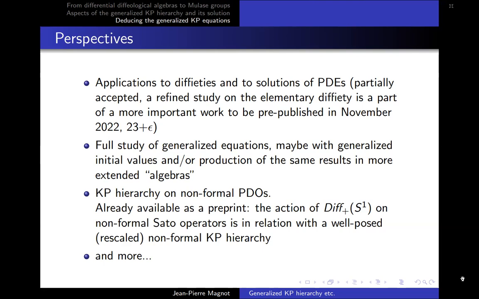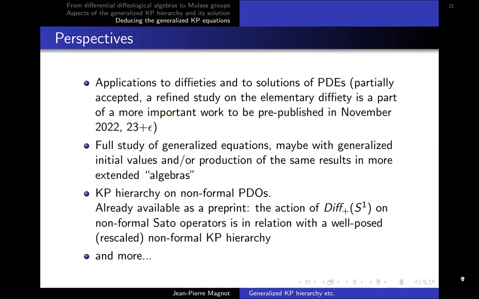So this is another way of thinking, not from the viewpoint of classical integrable systems, which involve PCDOs as I define them in this talk. These are non-formal pseudo-differential operators. These are true operators acting on smooth functions.